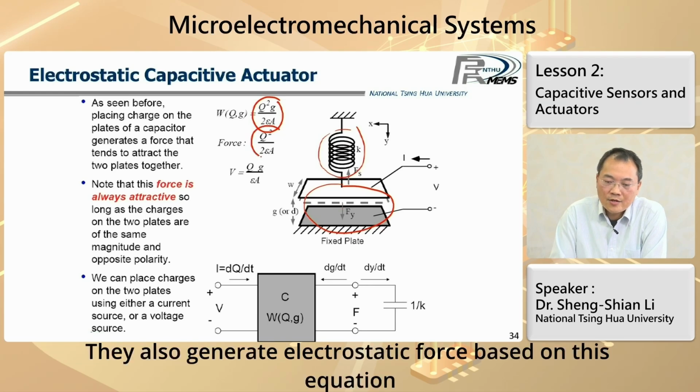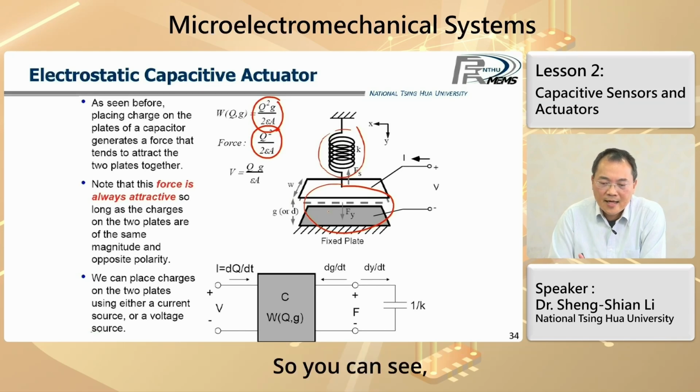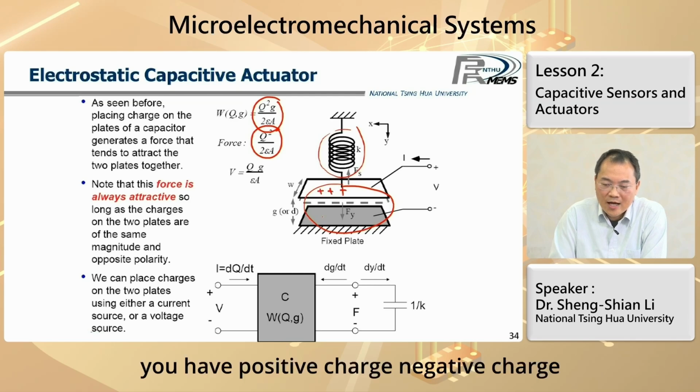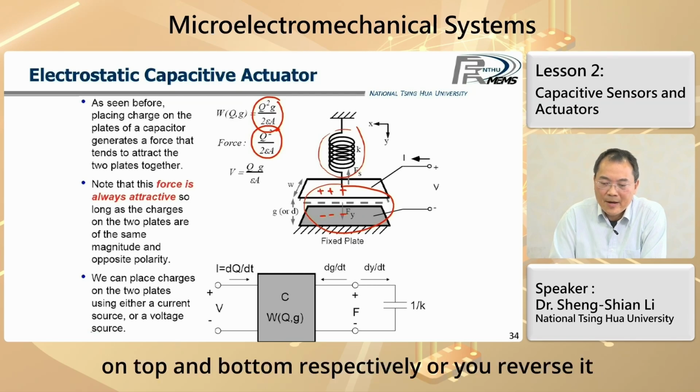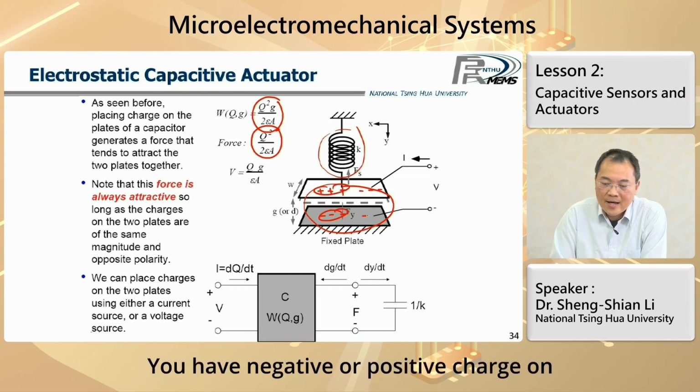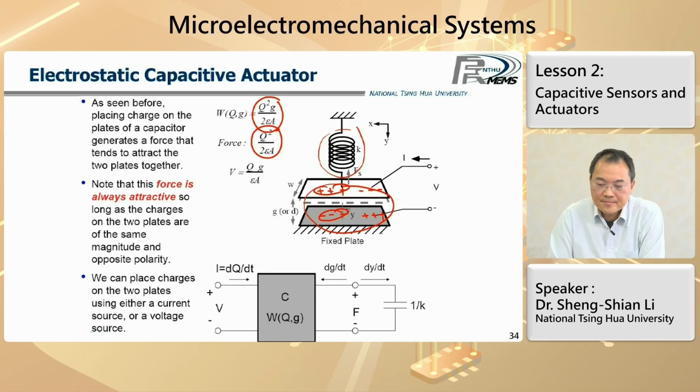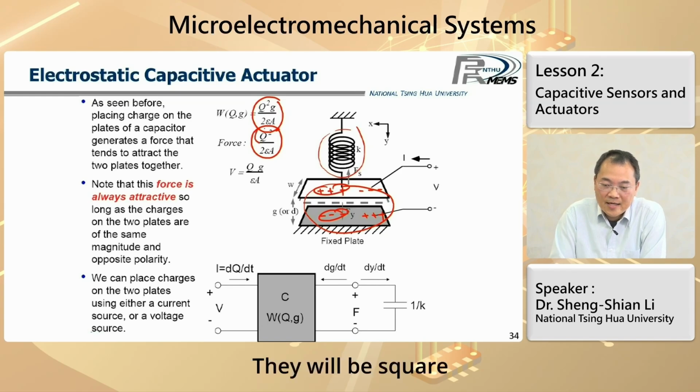They also generate electrostatic force based on this equation. So you can see, no matter whether you have positive charge on top and negative charge on the bottom, or you reverse it, with negative charge on top and positive on the bottom, the force will be squared.